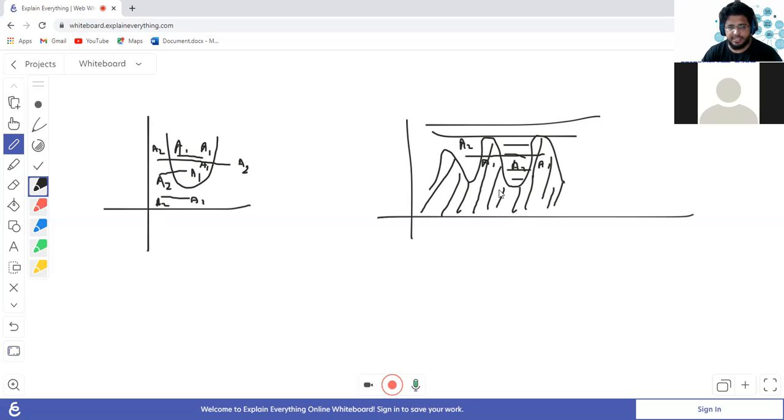But in this case, we will use the greedy method to keep going for some more time, because maybe another local minima may be present. Okay, so this is called convex and non-convex functions.